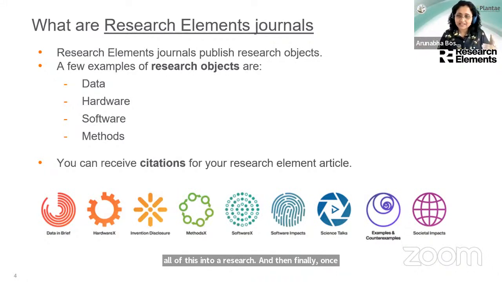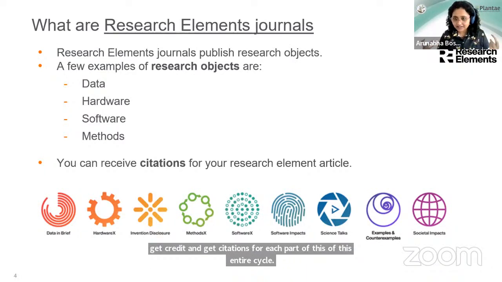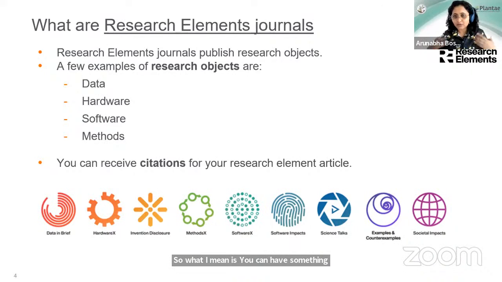Now, all these steps are actually different kinds of research outputs or research objects. And via research elements journals, you can actually get credit and get citations for each part of this entire cycle. So what I mean is you can have something called a data article, which is what we do at Data in Brief. These focus on just the description of the raw data that you've collected. You can also have a paper describing the software.